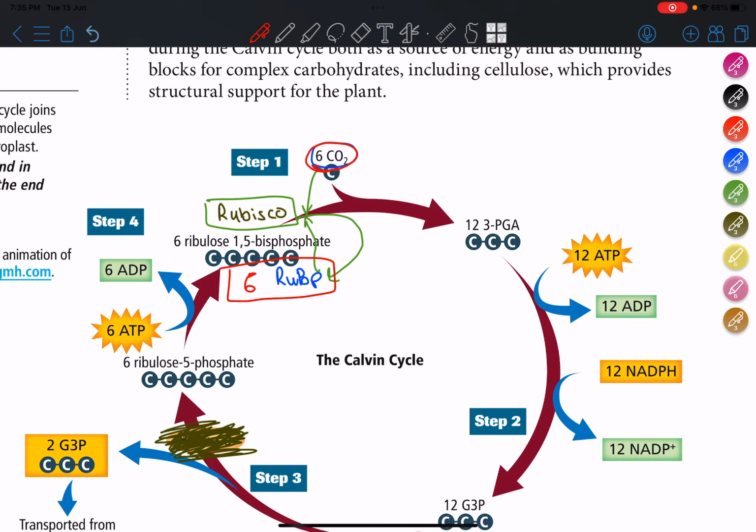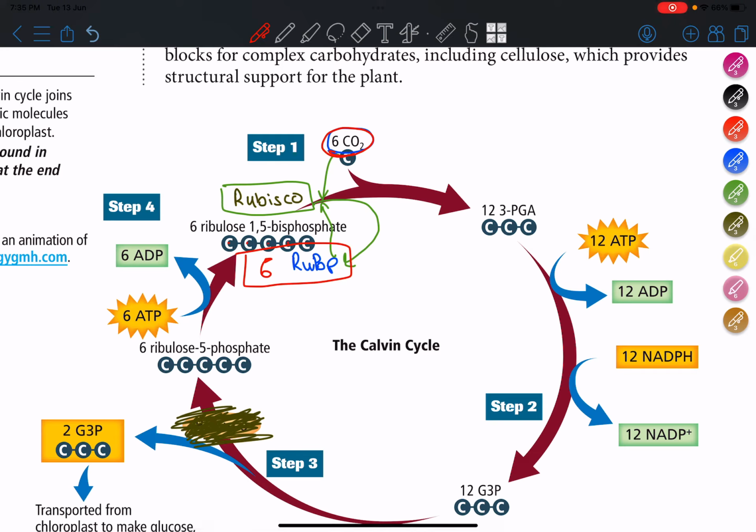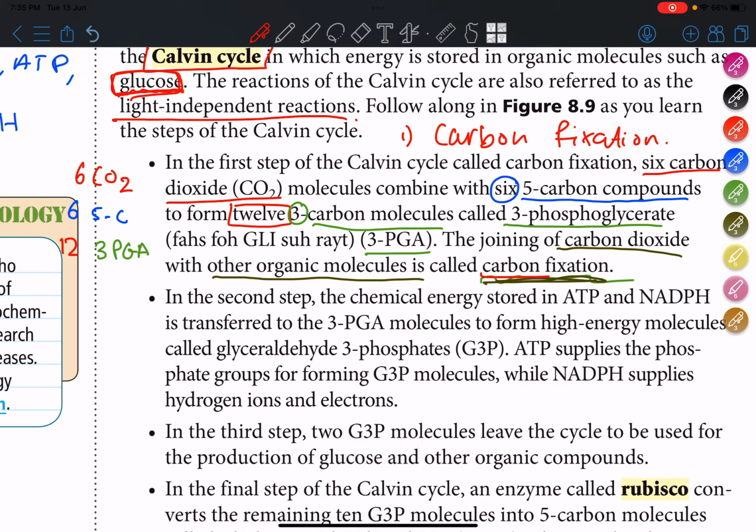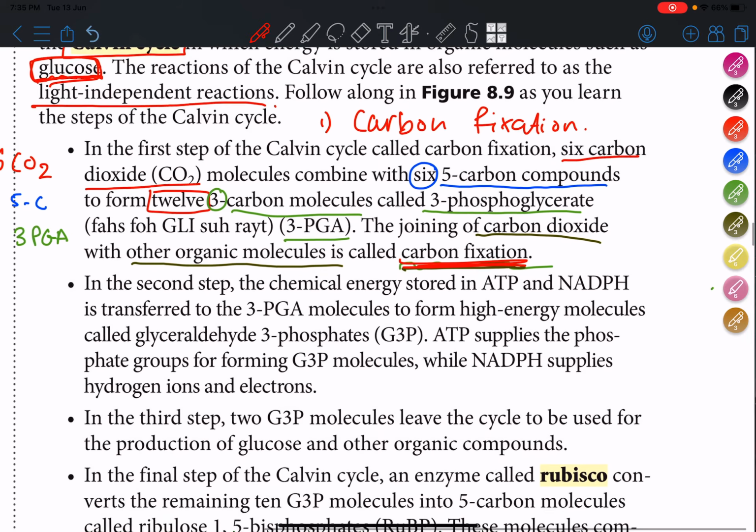What is RuBP? It's a 5-carbon compound because it has 5 carbons, 1 2 3 4 5, and 6 CO2. Okay? They combined, and this combining is called carbon fixation.